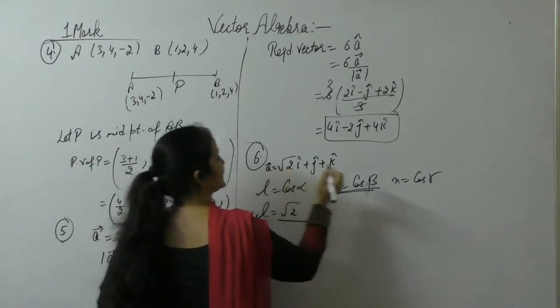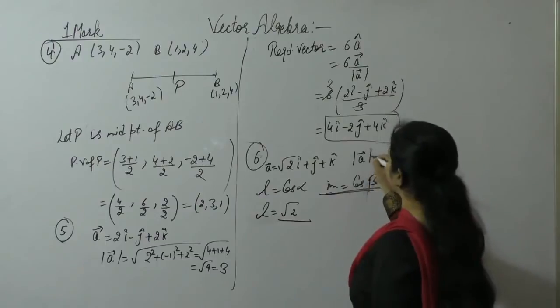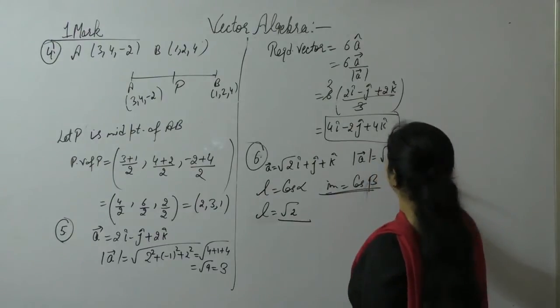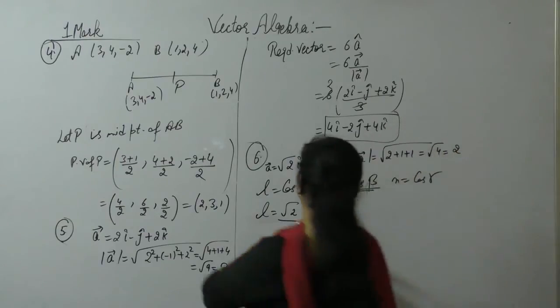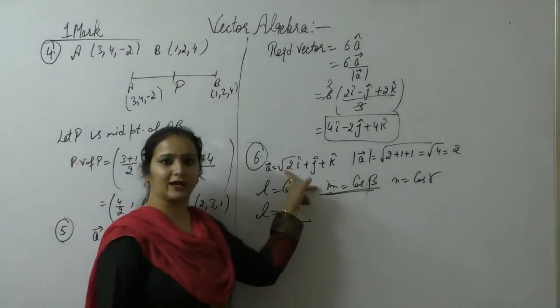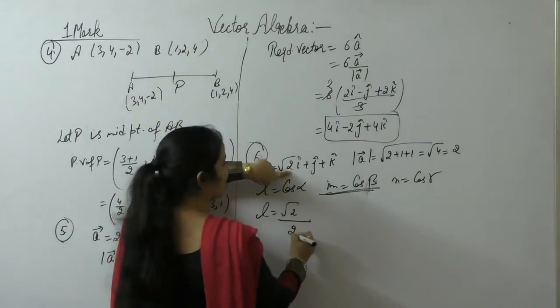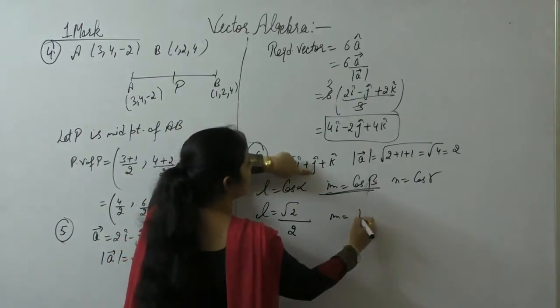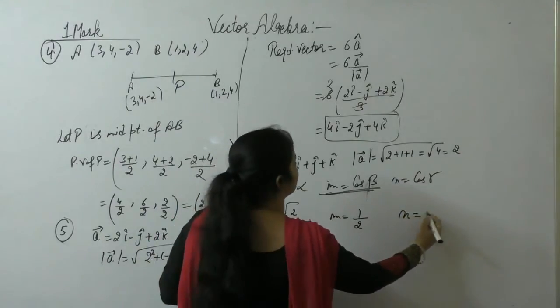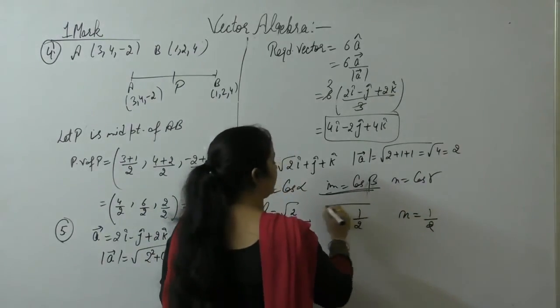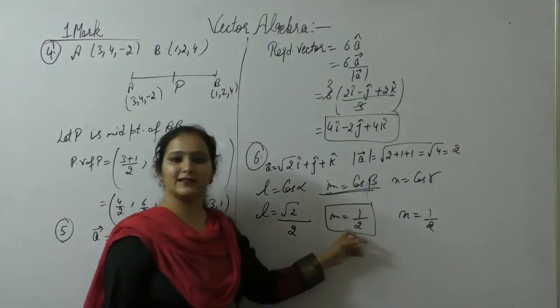Let this vector be A, then the magnitude of this is square root of 2 square, that is 2. So l is the first component upon the magnitude of this, m is the component of j upon the magnitude, and n is 1 upon the magnitude. But we want to find the angle with the y-axis.